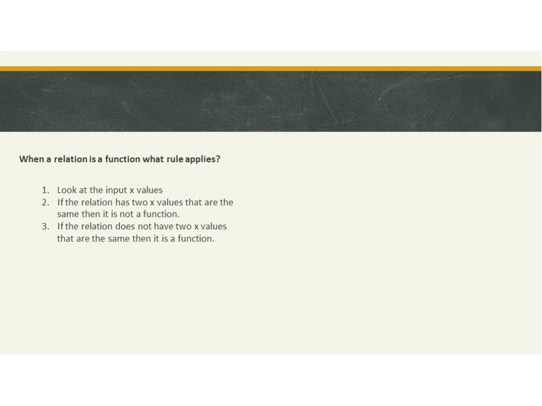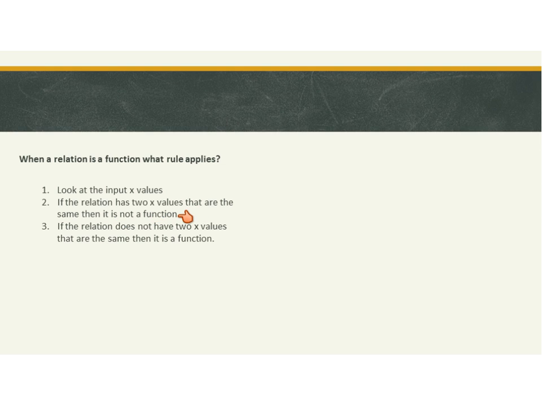Here's another DBA question. I have them scattered throughout. When a relation is a function, what rule applies? Now, I just wrote the rules down so that you can look at it and know, because I'm going to ask you this question on your DBA. Look at the x values.